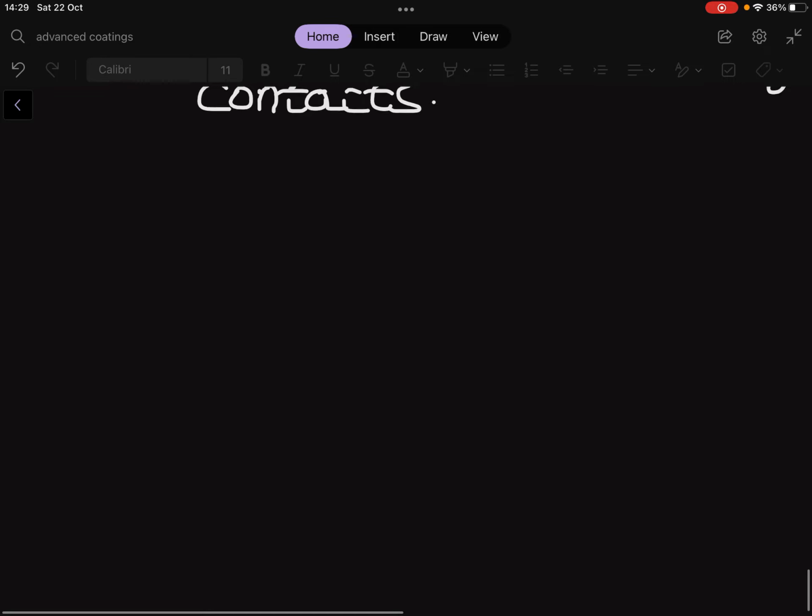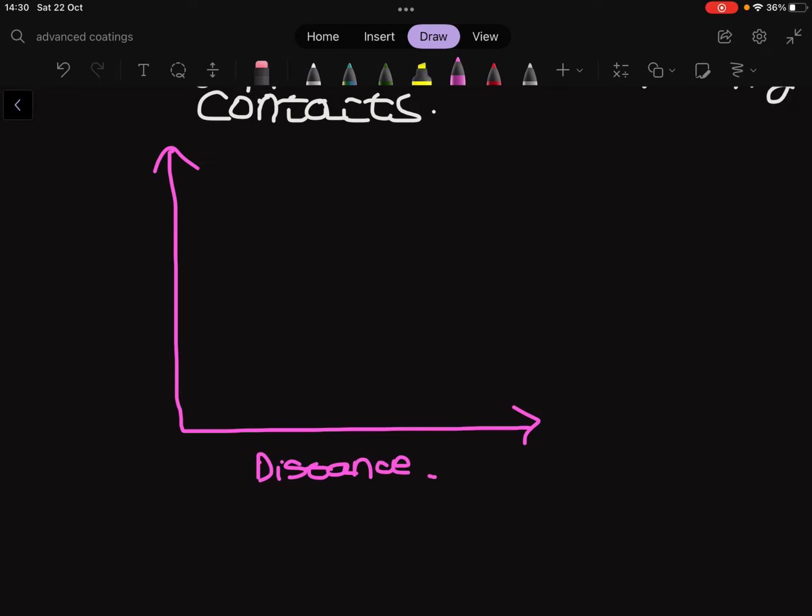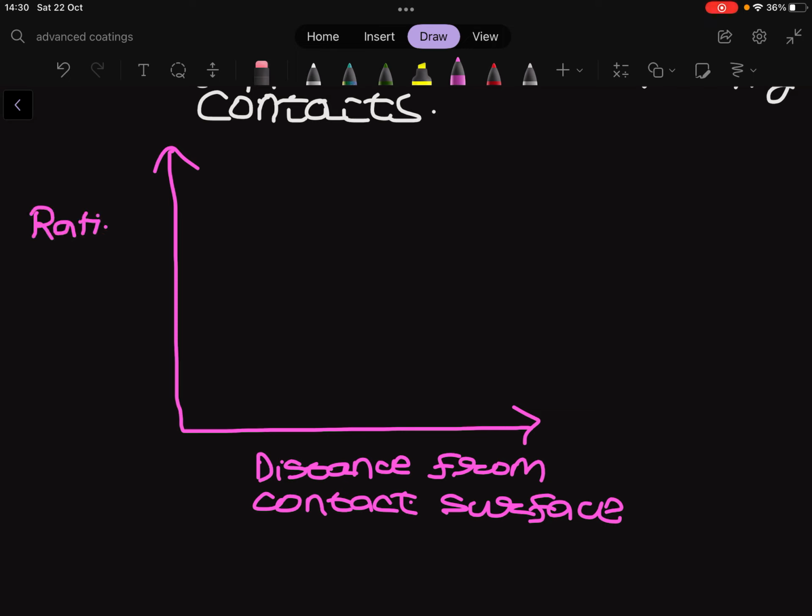So let's plot a simple graph. The x-axis represents distance from the contact surface, and the y-axis represents the ratio of stresses to maximum load, that is Pmax.